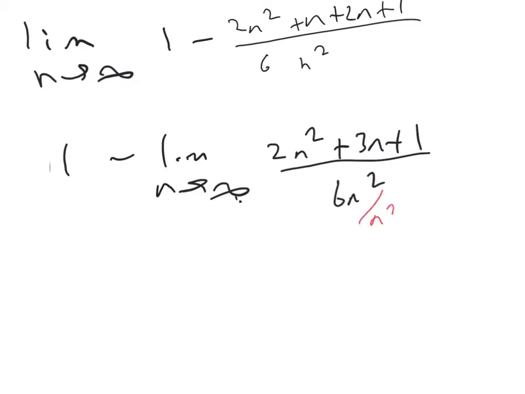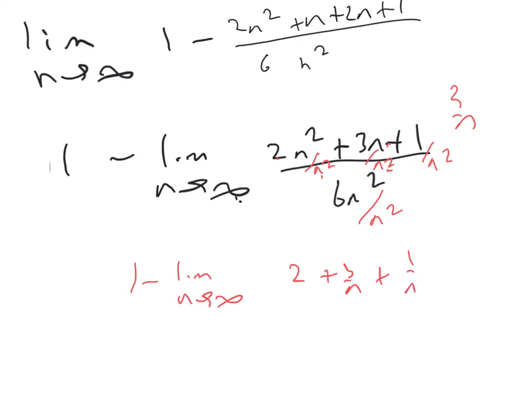So n squared, n squared, n squared, n squared. 2n squared over n squared is 2. So I'm doing 1 minus the limit as n still going to infinity of 2 plus n over n squared, which is 3 over n, and then I have the 1 over n squared, all over 6.